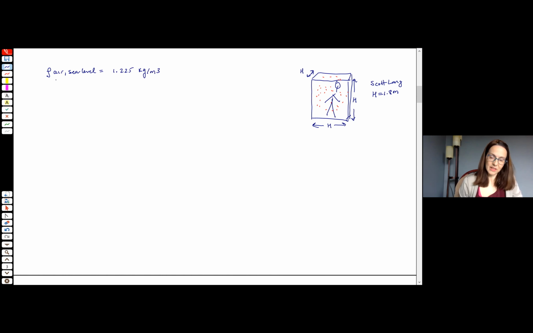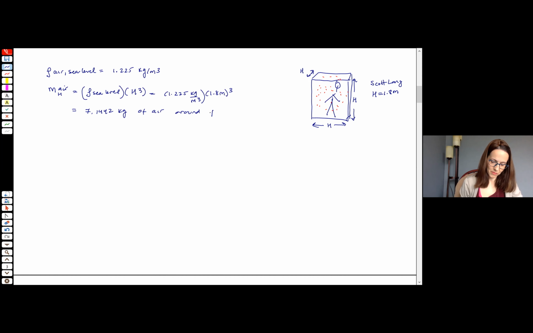If Scott Lang's height is 1.8 meters, then the mass of the air in the large cube is rho at sea level times h cubed: 1.225 kilograms per meter cubed times (1.8 meters) cubed. It turns out that in that cube of air around Scott Lang at full size, there's about 7 kilograms, if I didn't mess up my algebra. We'll just say around full-size Ant-Man.